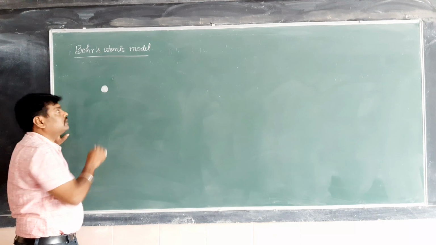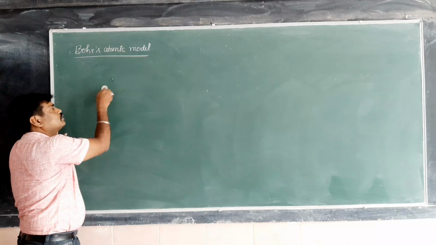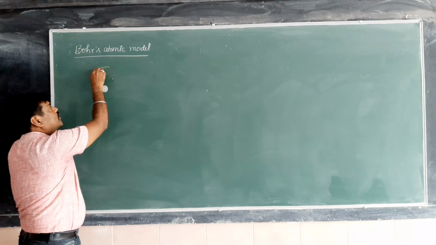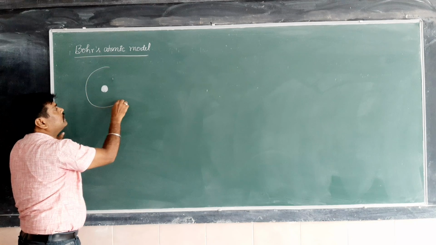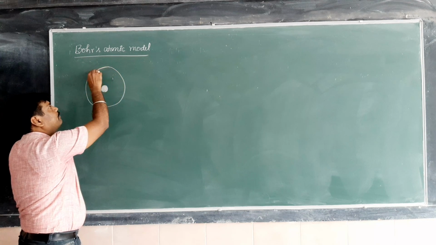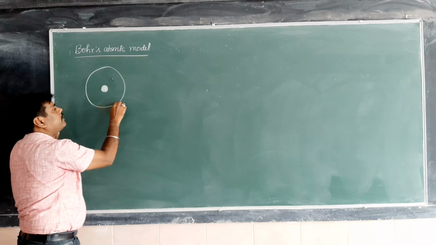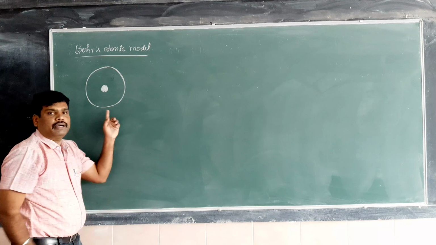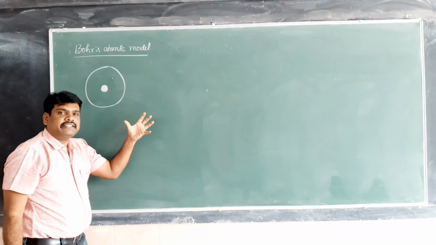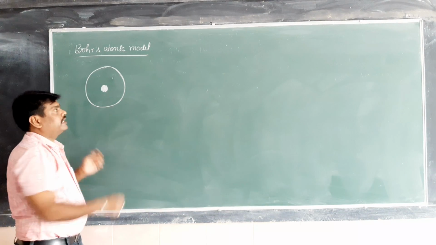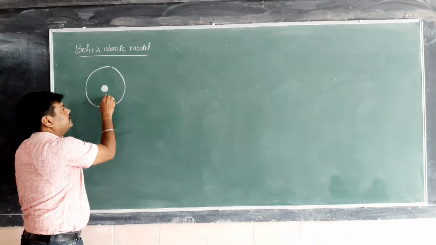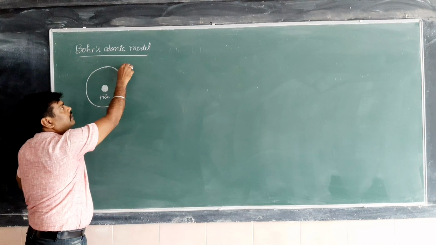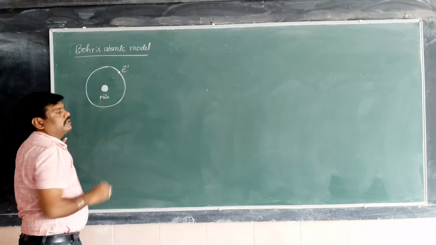Within that small space, the whole mass of the atom is concentrated, and the electrons are revolving around the nucleus in an exactly circular path. This is the path occupied by the electron. If it is only one electron, there is only one path. If the number of electrons increases, the number of paths also increases. This is the charge of the nucleus, plus Ze, and the electron is revolving in an exact circular path.